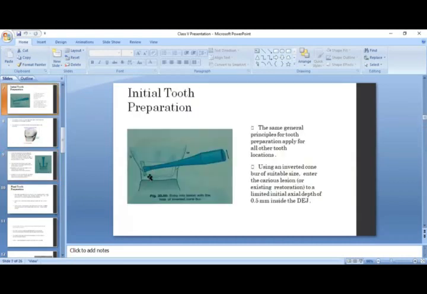This is the axial. Retention grooves are placed on that, right? Is that clear? Okay.